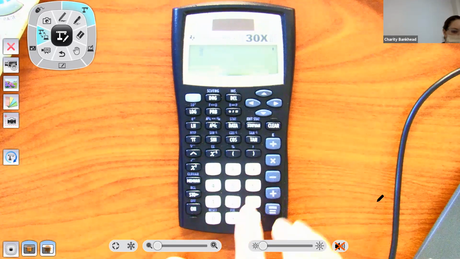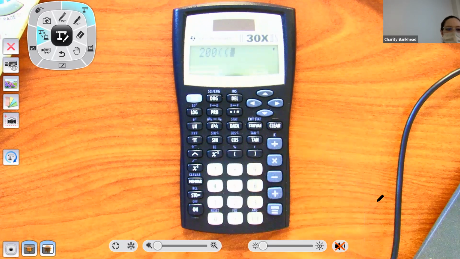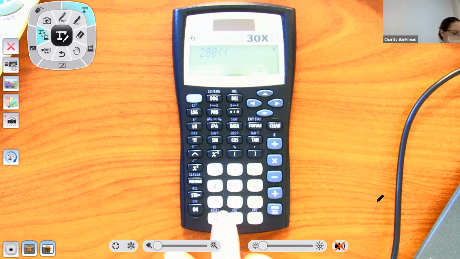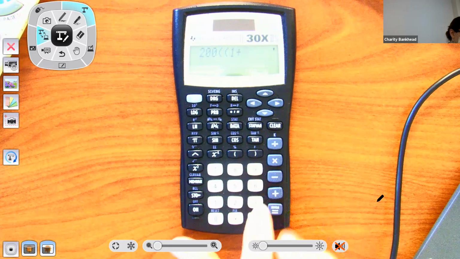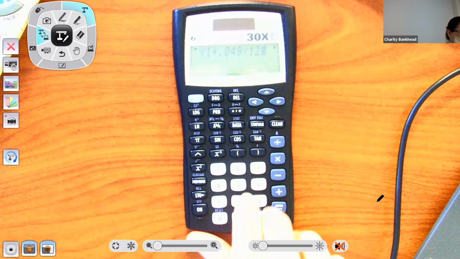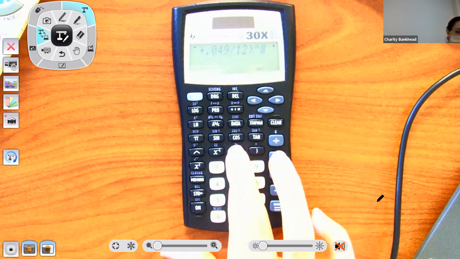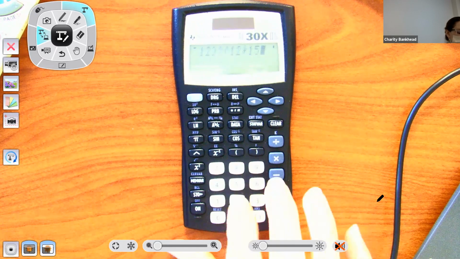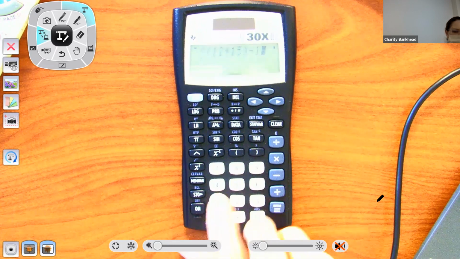So we're going to have 200, two open parentheses. And then I'm doing this from memory, so correct me if I'm wrong here. So this would be 1 plus, right? Is that right? 0.049 over 12, close the parentheses, to the power of, open parentheses, 12 times 15, close the parentheses, and then minus 1, right?